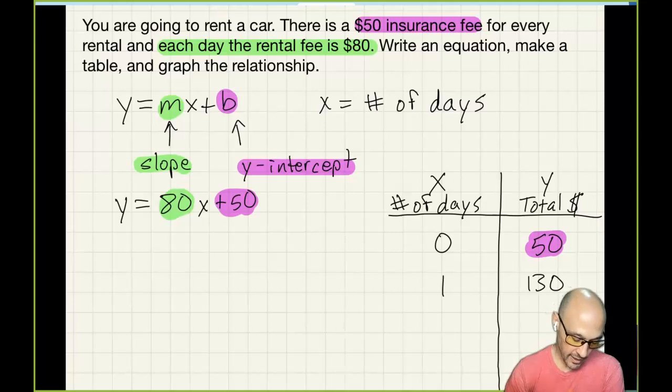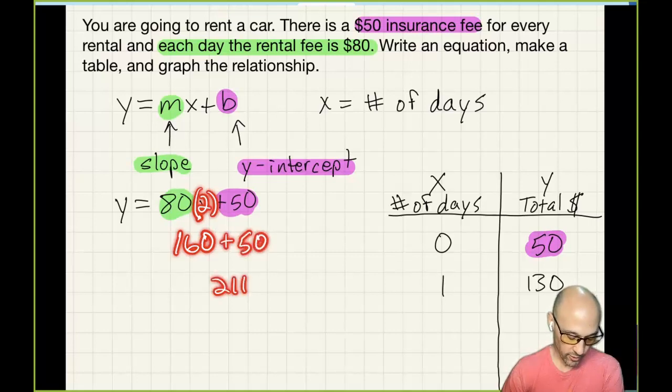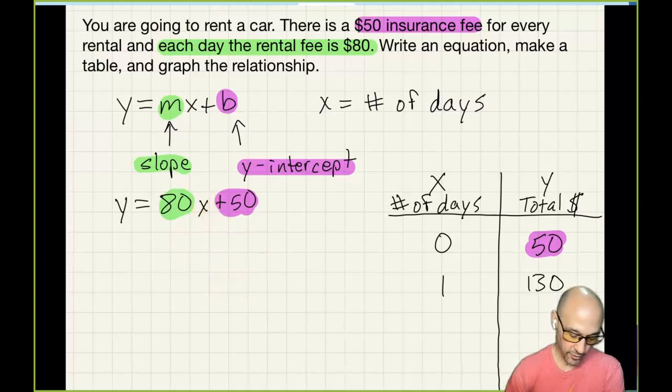And similarly, if we have 2 days, 80 times 2 is 160, plus 50, that's 210. So after 2 days, it's going to cost me $210. If we continue on like that, 3 times 80 is 240, plus 50 is 290.